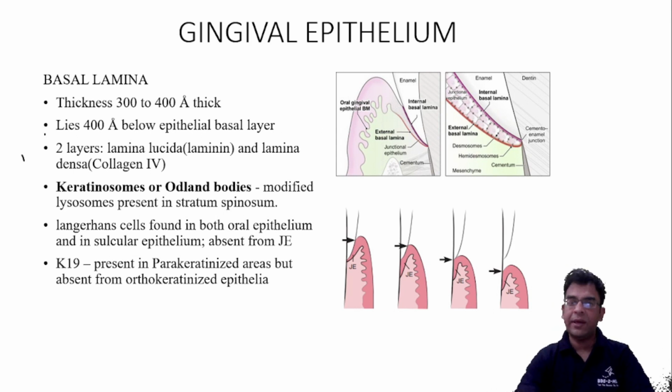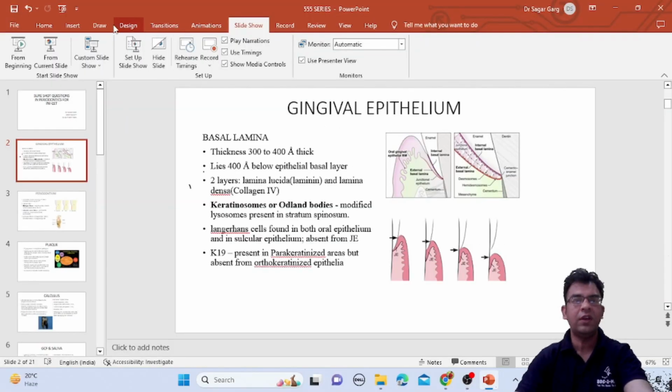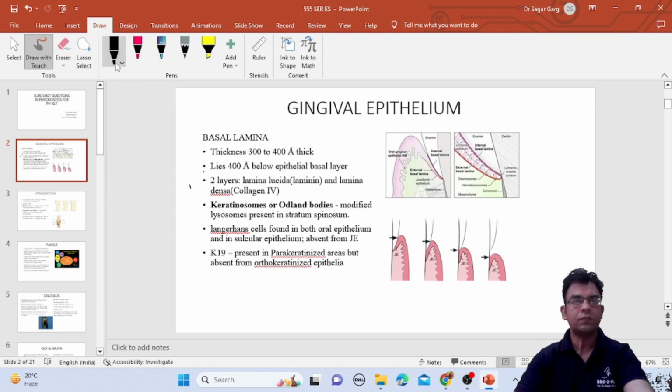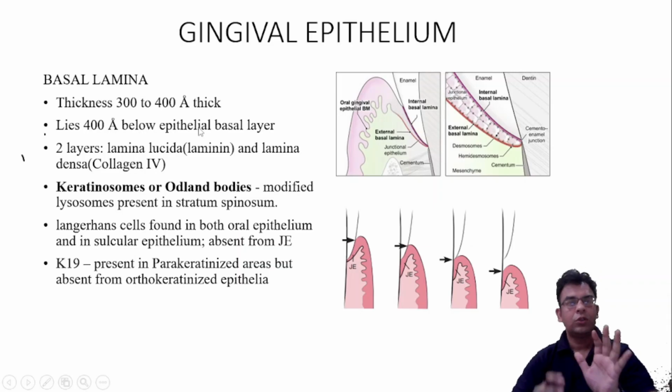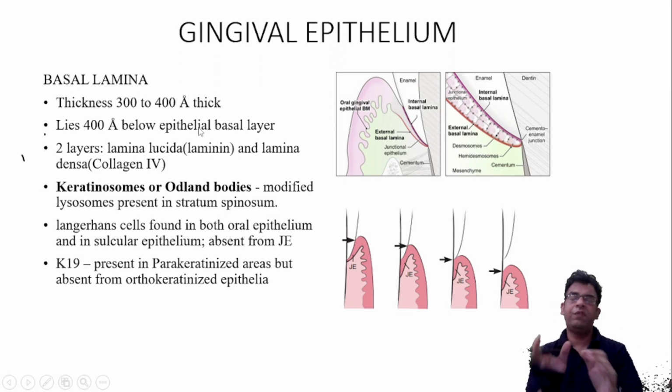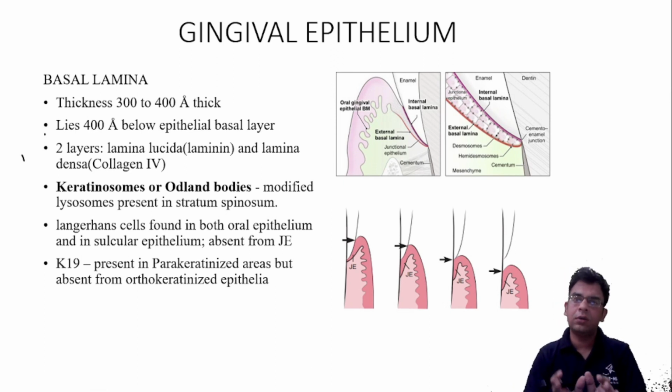If you people have attended my lectures, I always lay emphasis on gingival epithelium. Gingival epithelium is very, very important. Before basal lamina, if you want to look at circular epithelium, junctional epithelium, and what changes occur in the epithelium, they also are important.